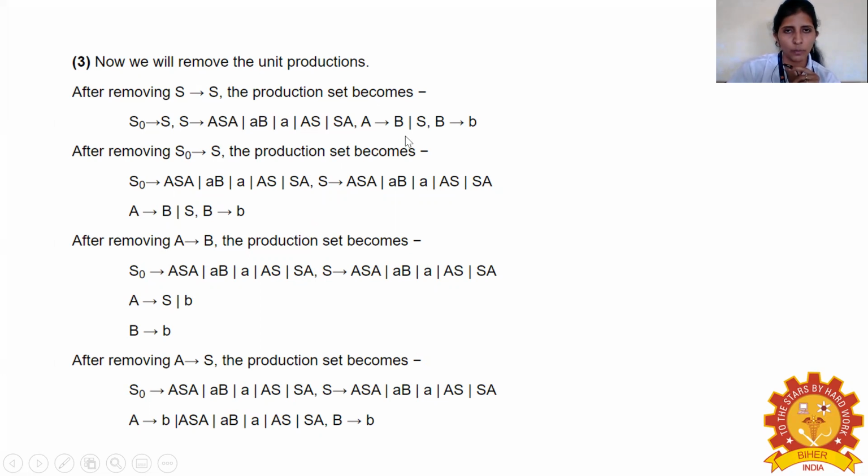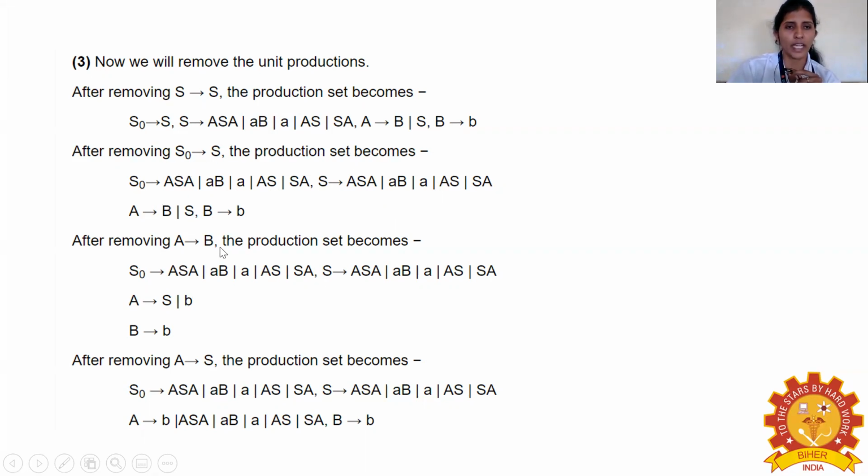A to B or S, B to B. After removing S naught to S, the production set becomes S naught to ASA or AB or A or AS or SA, and S to ASA or AB or A or AS or SA, A to B or S, B to B. This is the final production rule after removing S naught to S.